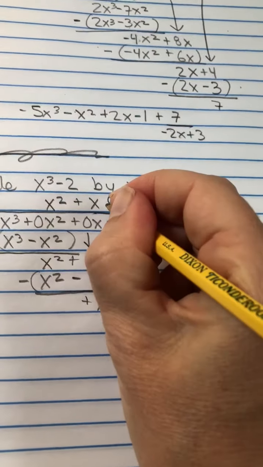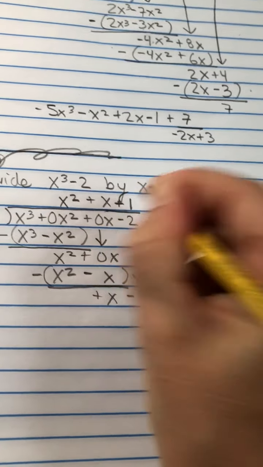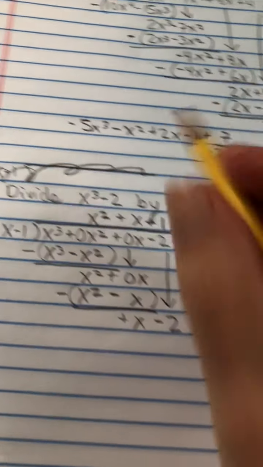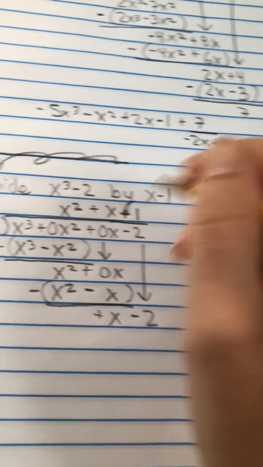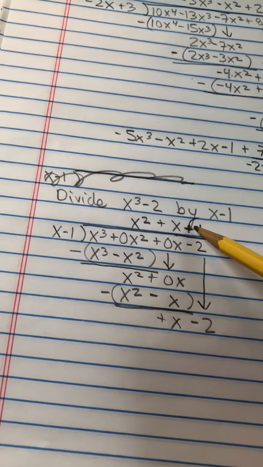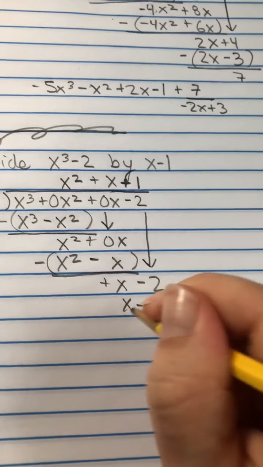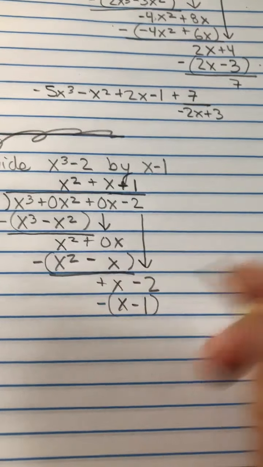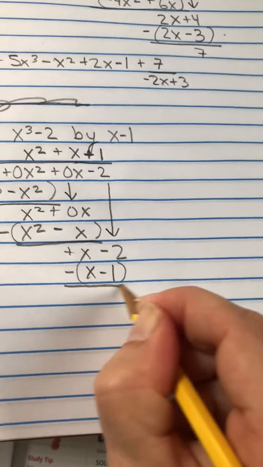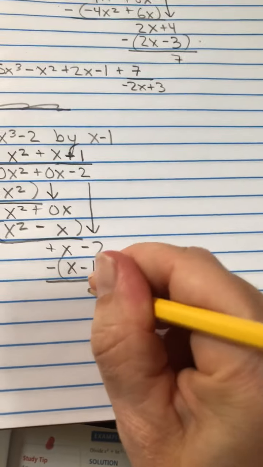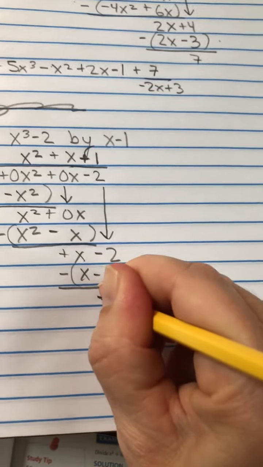X goes into x once. That's a plus there. Plus 1, we get x minus 1. And subtract. X's cancel out, plus 1, so you get negative 1.